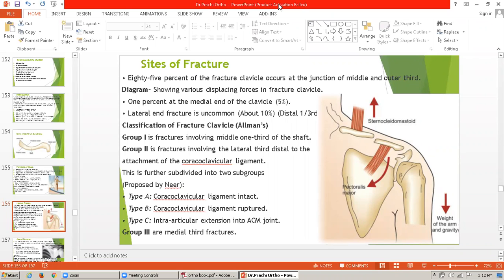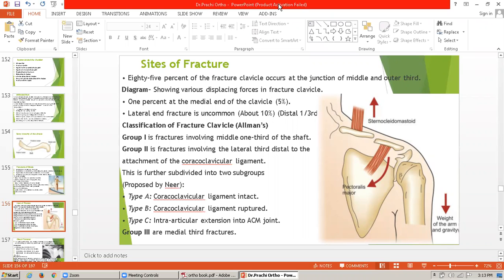The diagram shows the various displacing forces in the fracture of the clavicle. Fracture at the medial end of the clavicle is about 5%. Lateral end fracture is uncommon, about 10%, and the distal third.